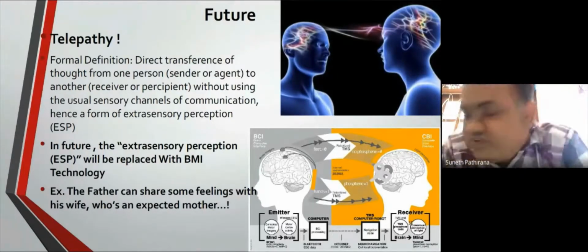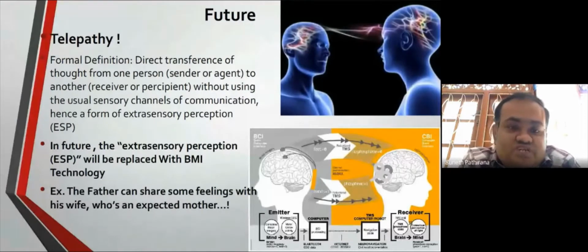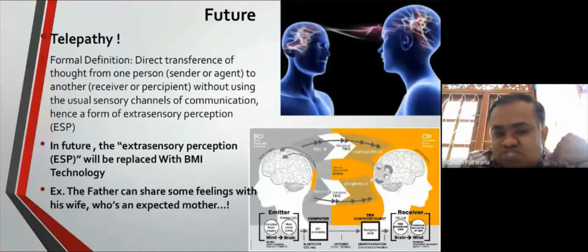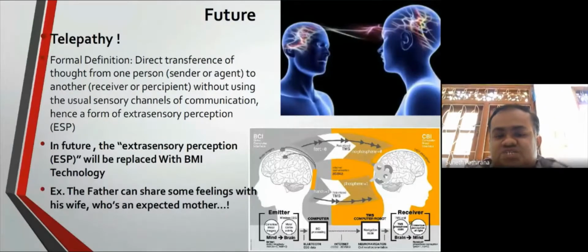So we will talk about future technologies as well. Telepathy. Right now we have an understanding of telepathy as ESP, extrasensory perception. Perception means what we perceive, what we sense, or what we see. Extrasensory means something spiritual, something supernatural. Spiritual means it's not artificial, it's a natural thing, like God.